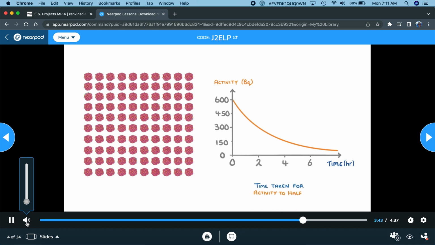More than likely, you will have percent on the y-axis. So in this case, drop from 600 to 300, which we can see is about 2 hours. That's the first half-life. And to confirm this, we could check another one by seeing how long it takes to halve again down to 150. And indeed, it does take another 2 hours, so we can be confident that the half-life is 2 hours.